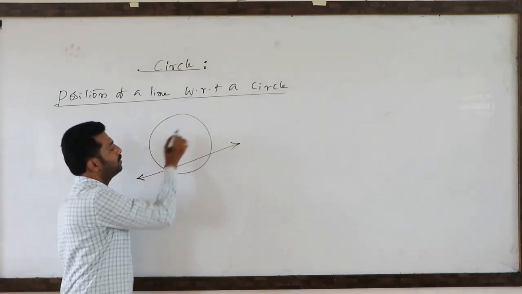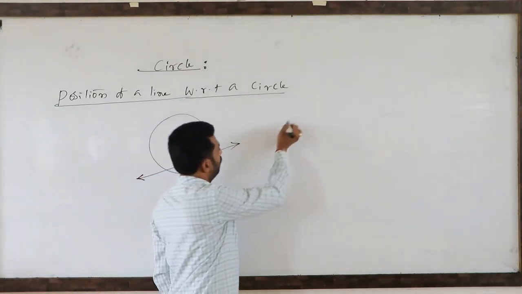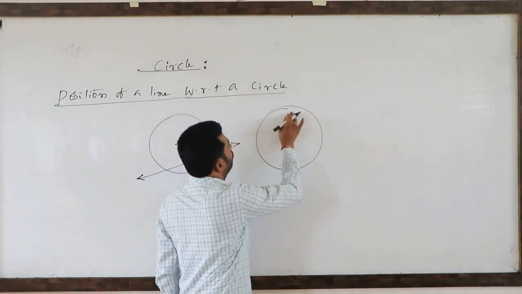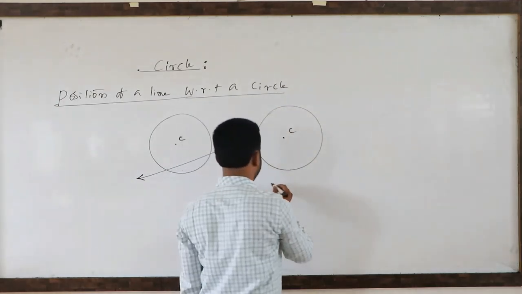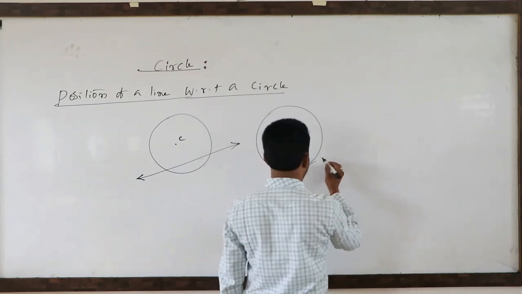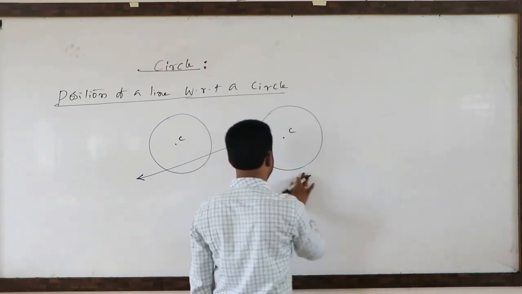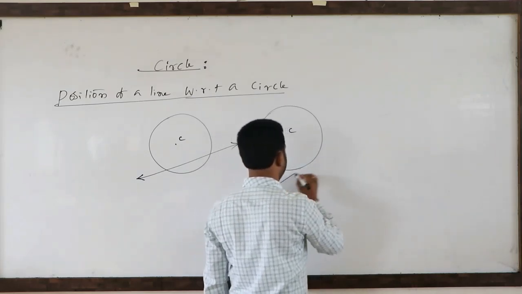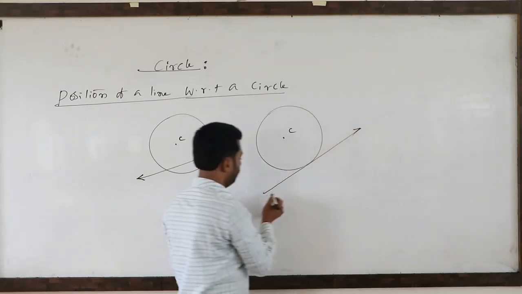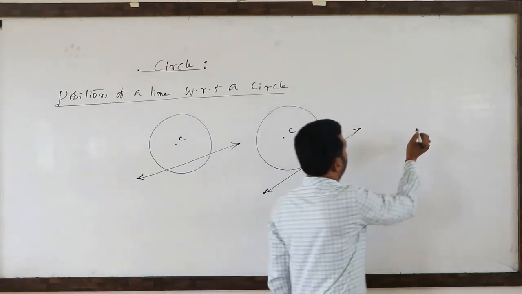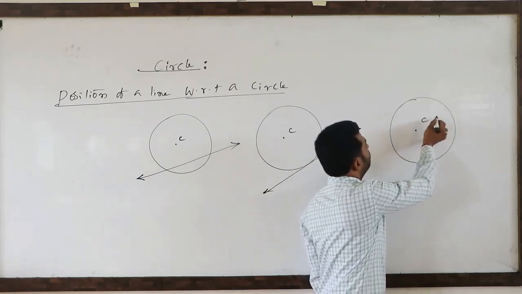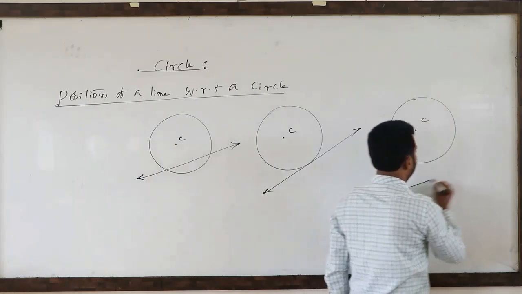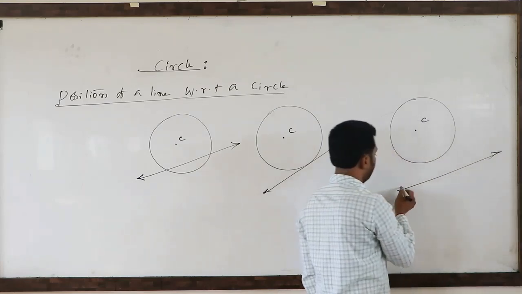This is the center C. This is another circle with the center C. This is another circle with the center C. This will be here.